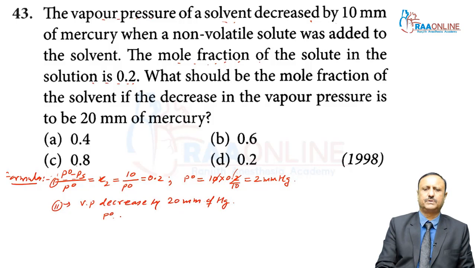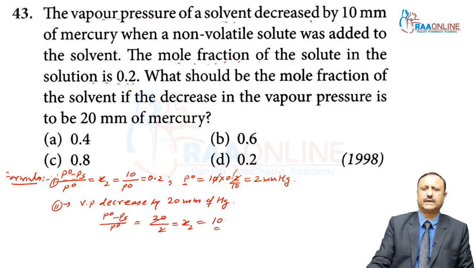Then my dear students, P0 minus Ps upon P0 is equal to the mole fraction of solute, that means 20 upon P0, where P0 is 2, is equal to the mole fraction of solute, that is X2. You can divide it, and that is equal to 10 as the mole fraction of solute.